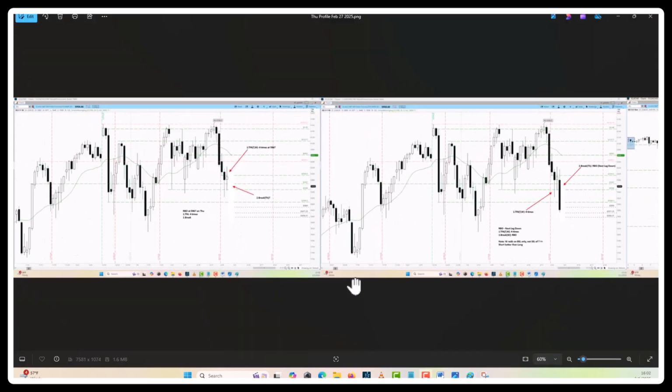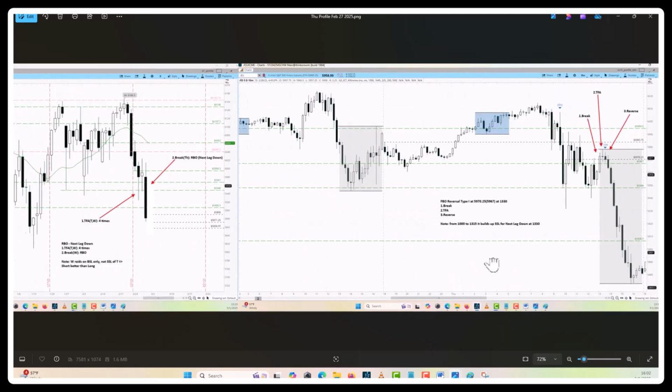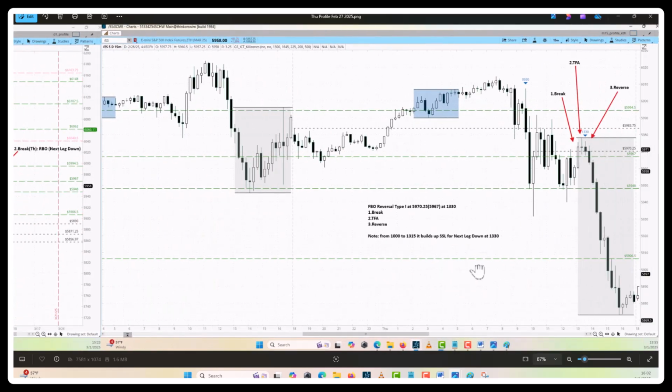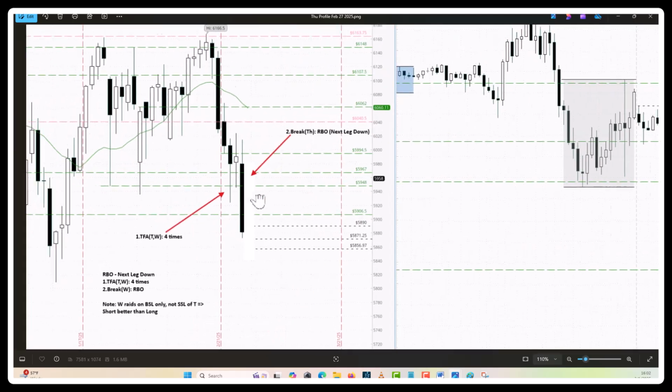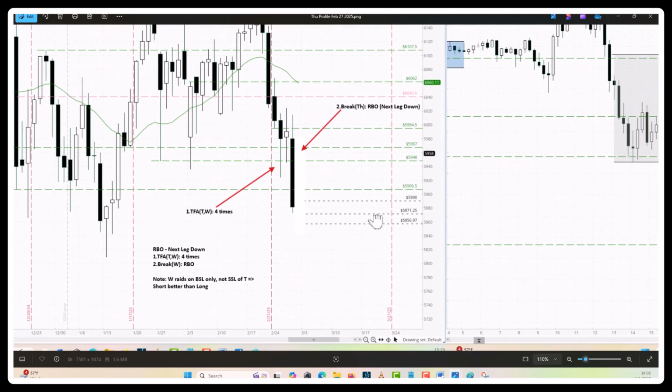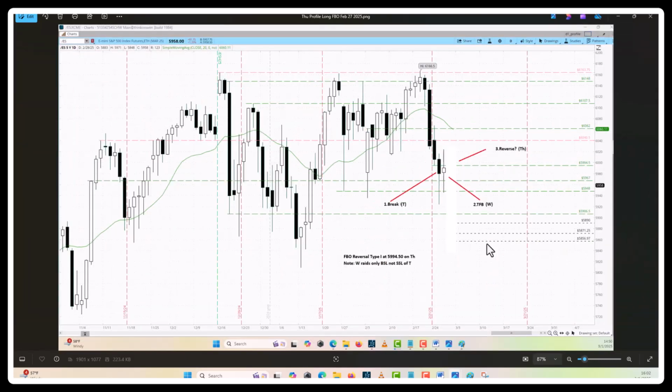Alright, so here we incorporate the 50 minutes, the lower time frame. Want to see how it really happened behind the scenes. If we look on the daily, we can see it breaks, but we want to see how it manifests itself at the level 59.67.